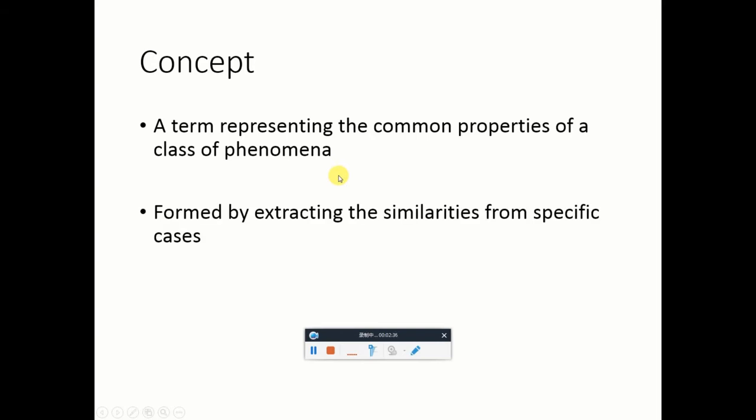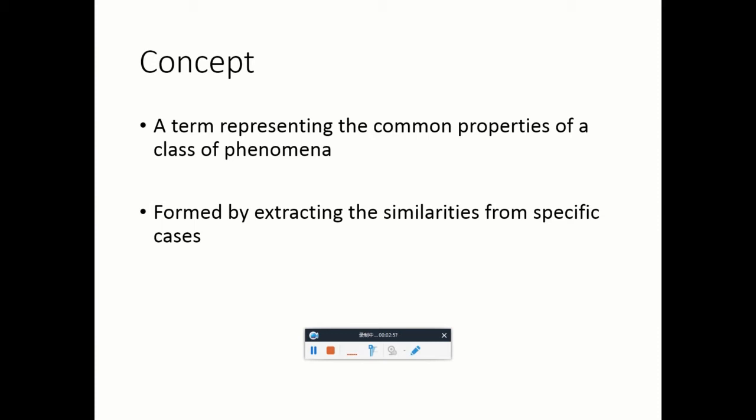And concept is not a natural phenomenon. It's not like a rock that is just there. Instead, concept is more or less formed, more or less constructed by our brains, by humans.